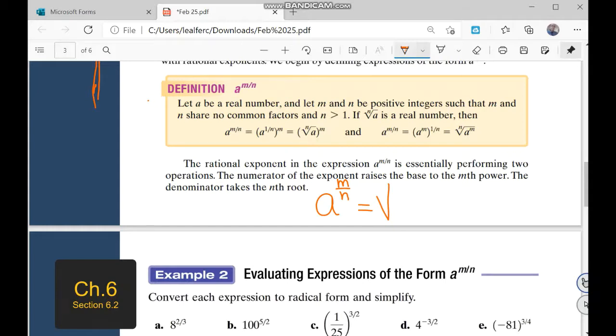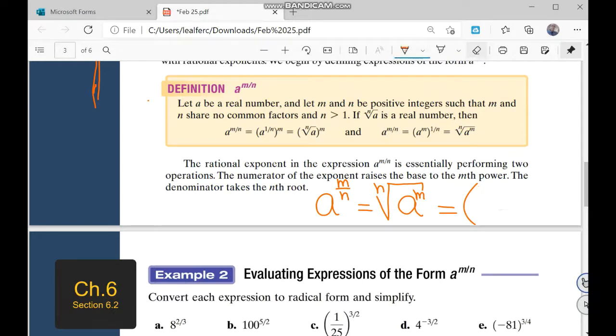We're going to use the index, which is the denominator of the exponent, n, and repeat the base here, and m is going to be the exponent inside the root. And actually we can rewrite it as well as this. It's the same thing.